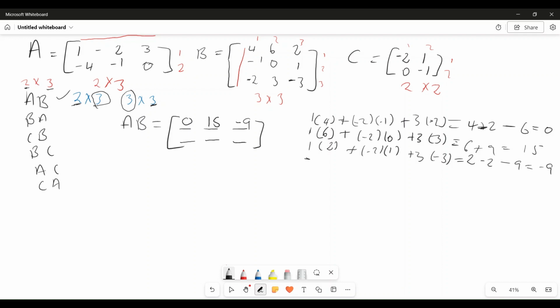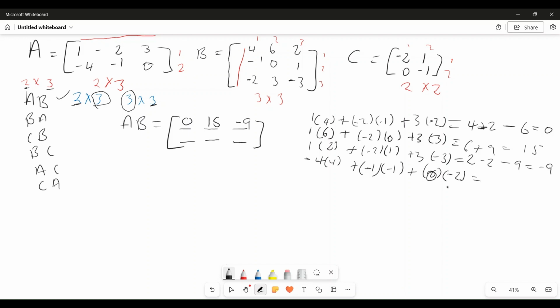We're going to have minus 4 multiplied by 4 plus minus 1 multiplied by minus 1, then plus 0 multiplied by minus 2.